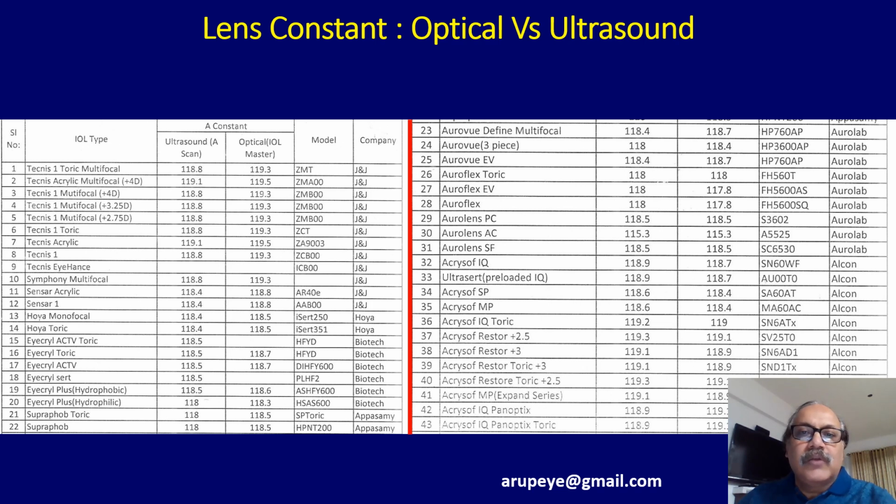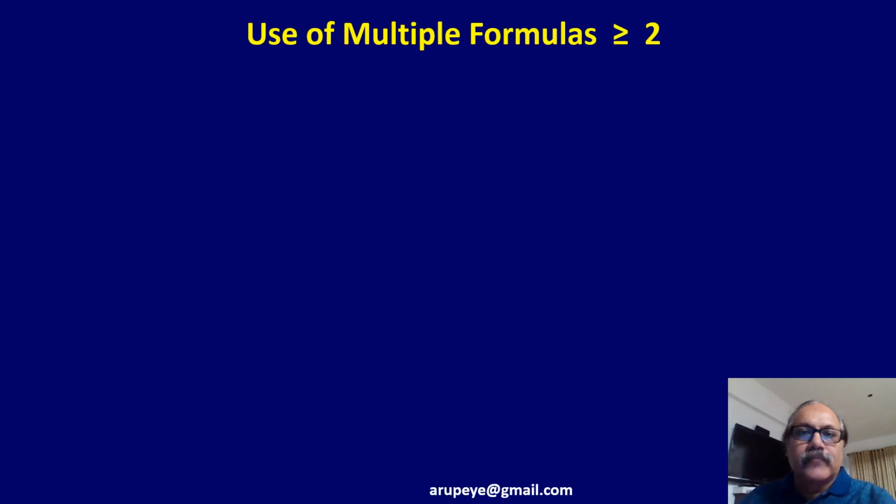And this particular chart, see, every lens has got A constant for the ultrasound and for the optical biometric technique. So this chart is put up on my biometry wall, and an appropriate lens constant has to be used for biometry in these hard cataract or complex cataract situations.